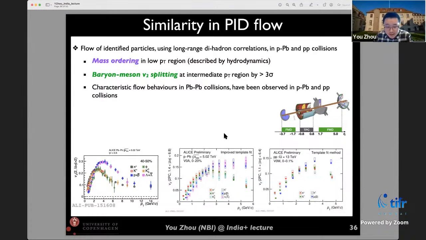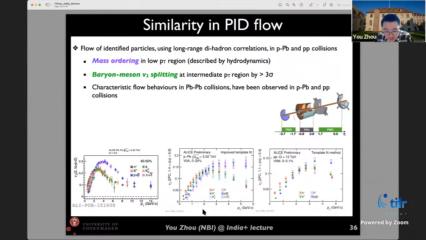So what we do in ALICE is use the unique coverage in eta, using the FMD detector, the Forward Multiplicity Detector, which allows us to have two-particle correlations with delta eta almost up to 8, or here up to 7. And this is very powerful to suppress the non-flow effect if you combine it with some non-flow suppression method using template fit, for example. So here I show you the v2 of identified particles using long-range two-particle correlation with non-flow subtraction from a template fit method.